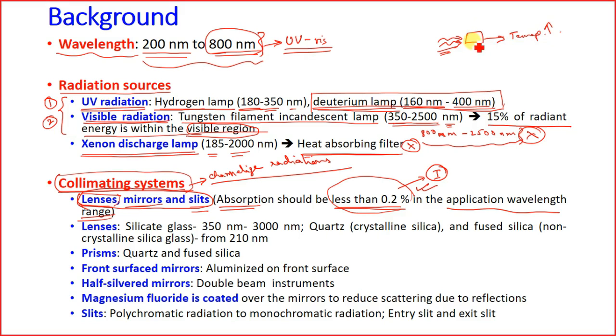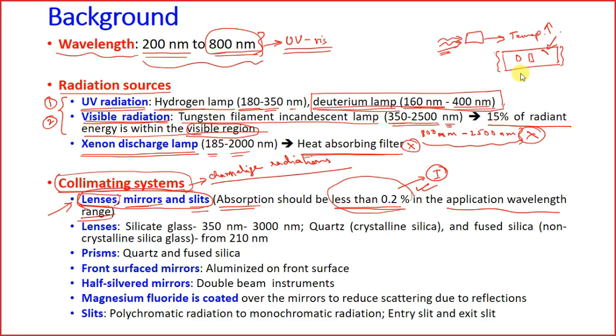Then the temperature of the lenses, mirrors, and slits will vary. These systems are present within the spectrophotometer, and if they are absorbing and their temperature is going up, the temperature within this spectrophotometer will also increase, and that is a disadvantage.